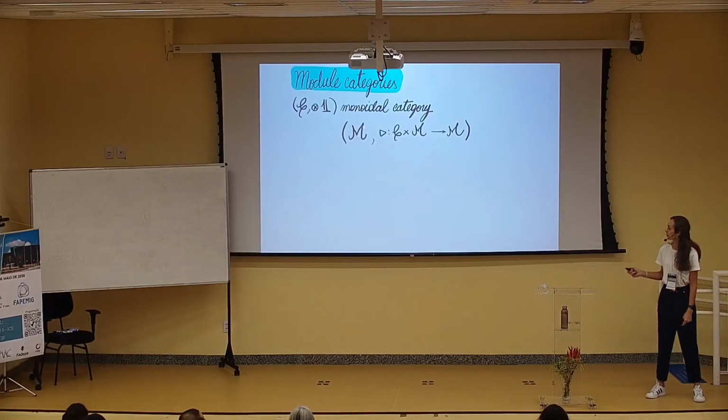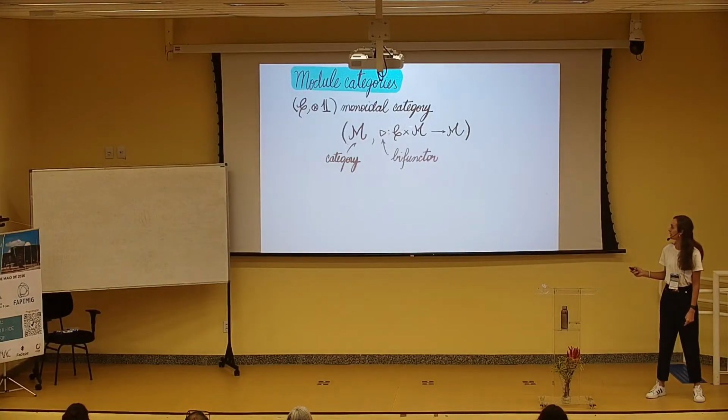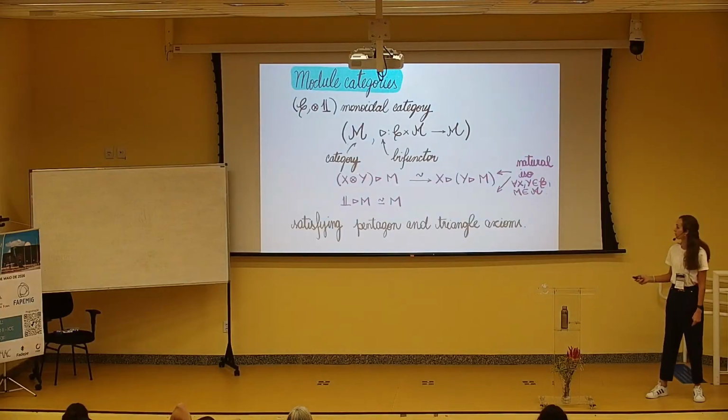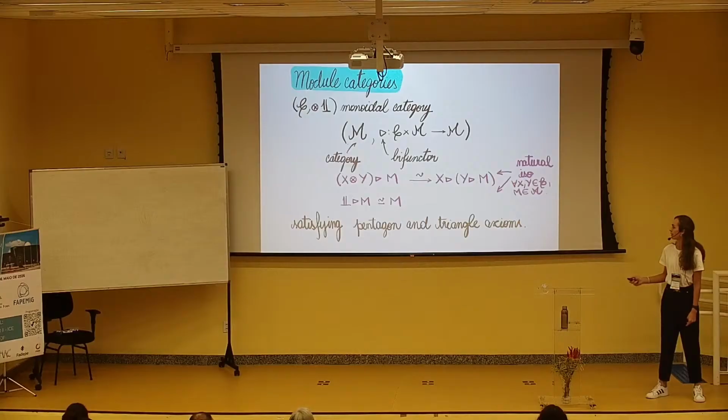You have a category M, and you have a bifunctor that goes from C times M to M. And I have natural isomorphisms that say how the tensor product acting on M is related to acting and acting, just like we know about modules, right?